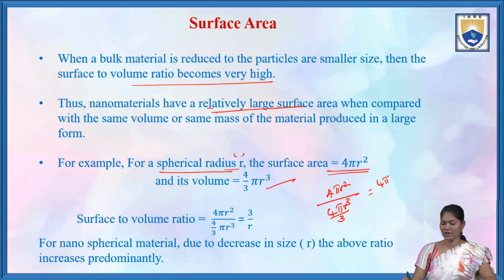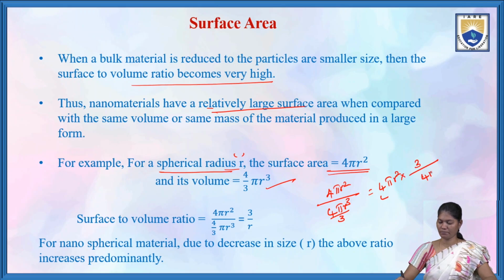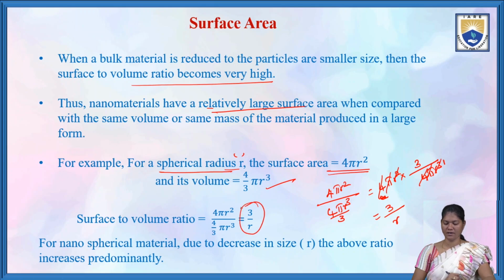So, the surface area to volume ratio is 3 by r.